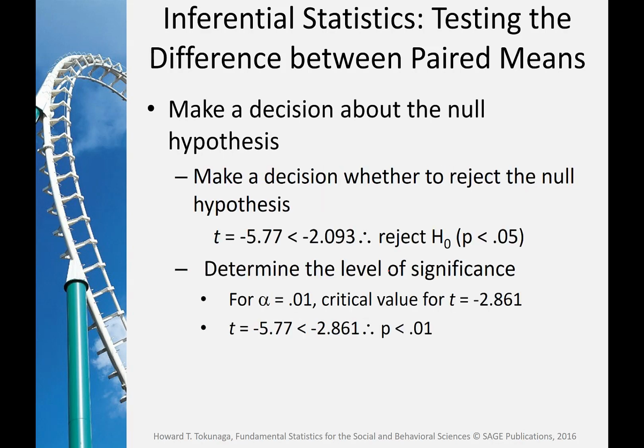So we're going to reject the null hypothesis. It is very unlikely that we would have observed a change that much if in the population there was no effect of these trainings.